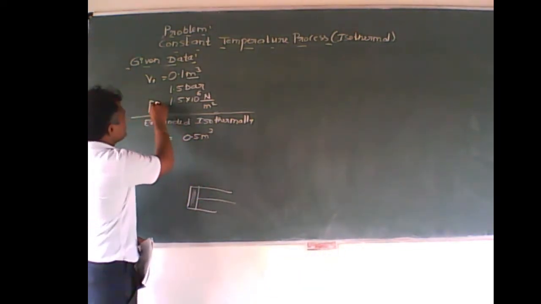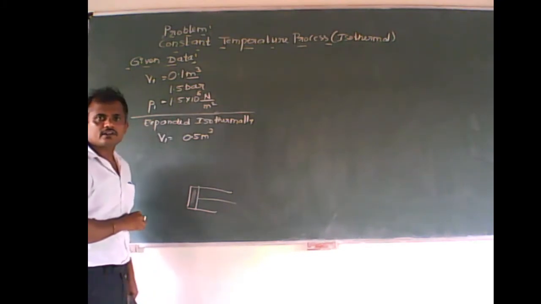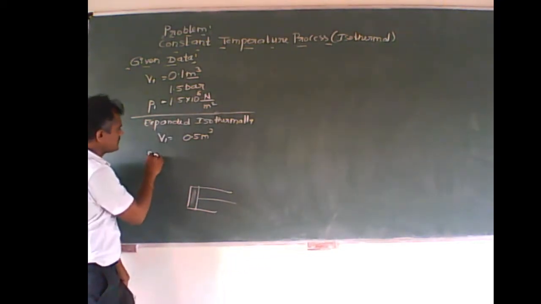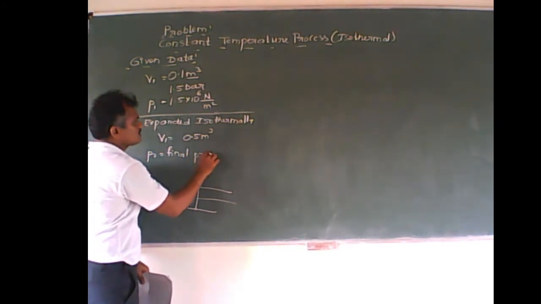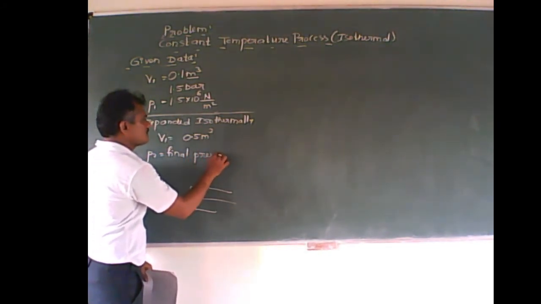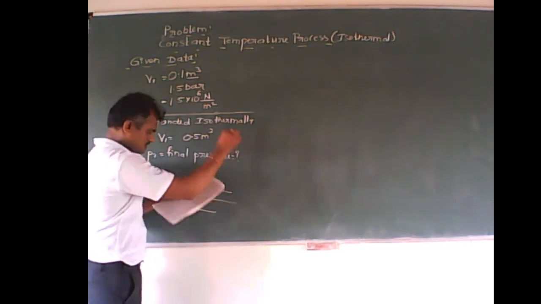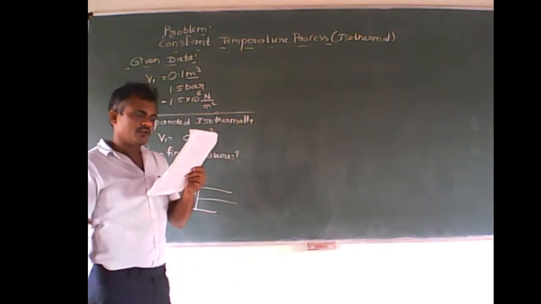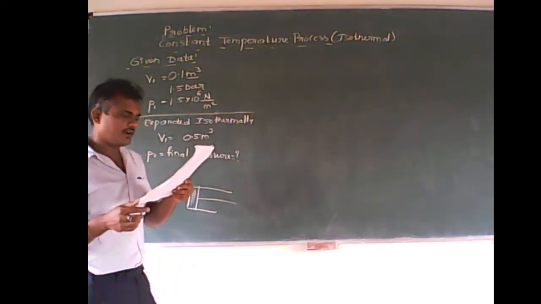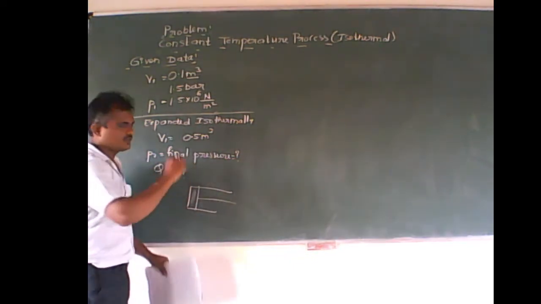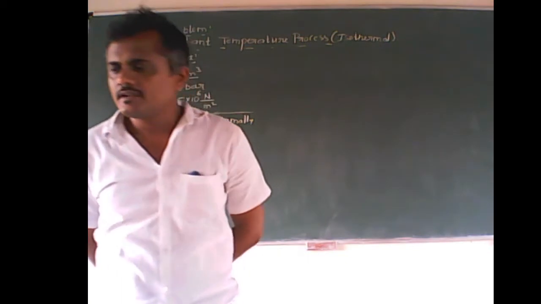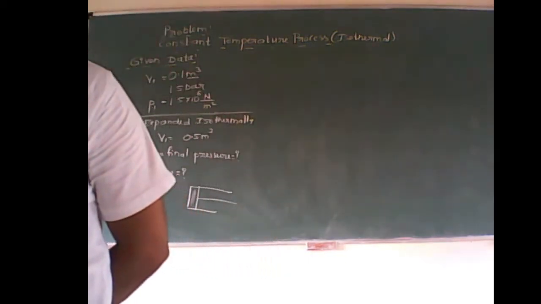This is the initial pressure P1, and the final pressure is P2, which is to be determined, and also the heat supplied during the process. Heat supplied is taken as 1 to 2.